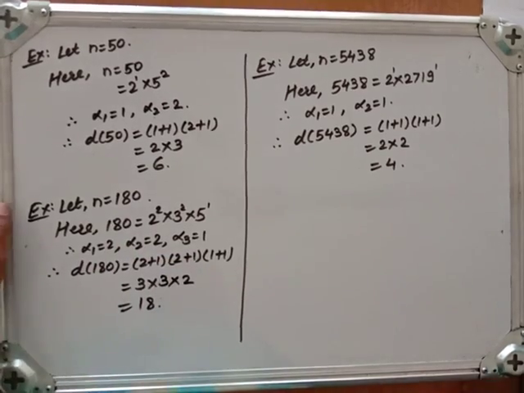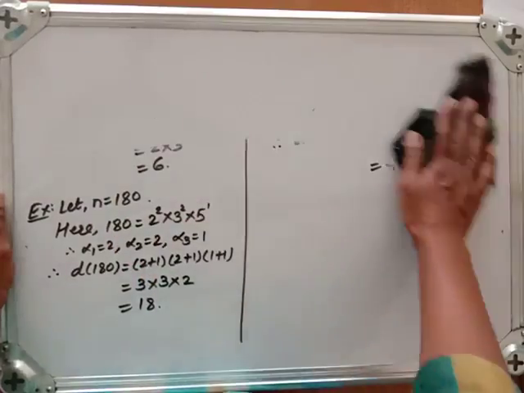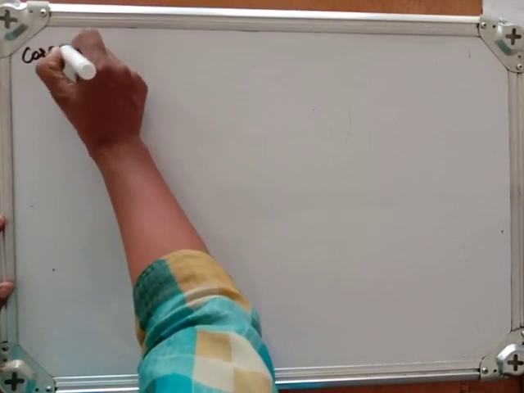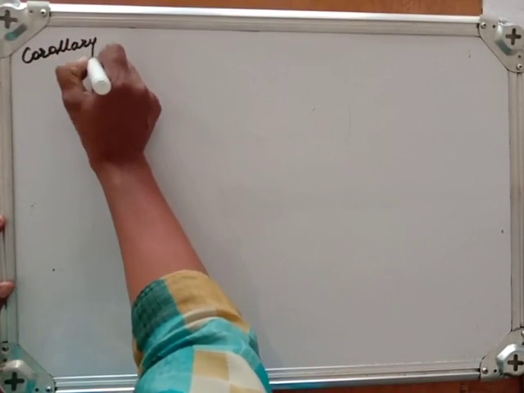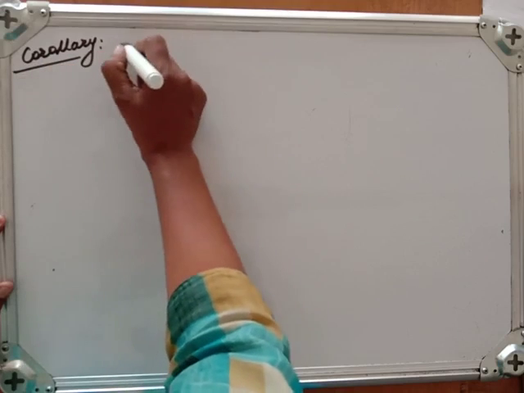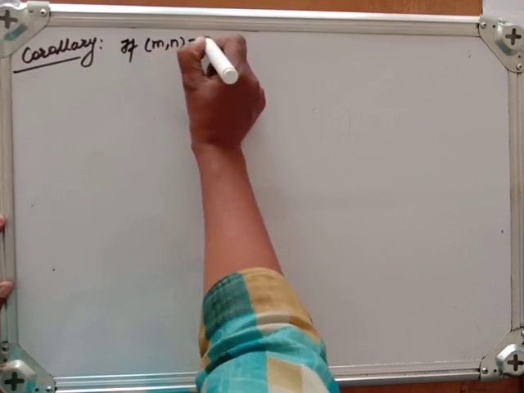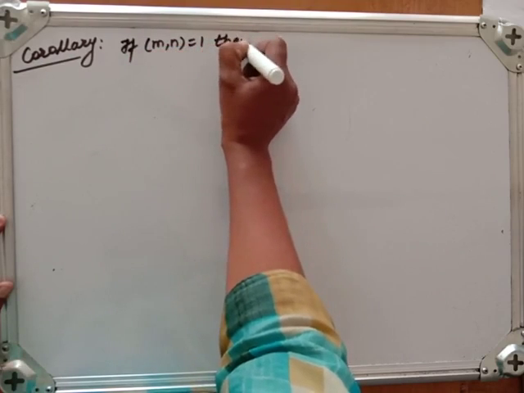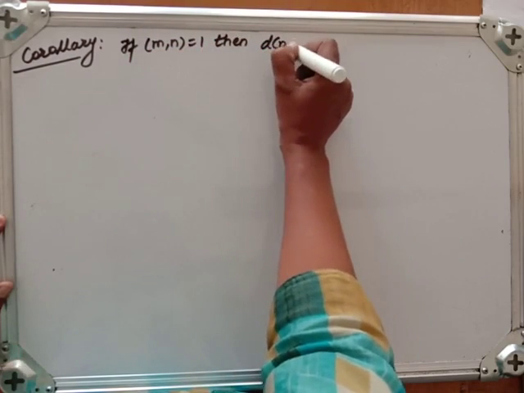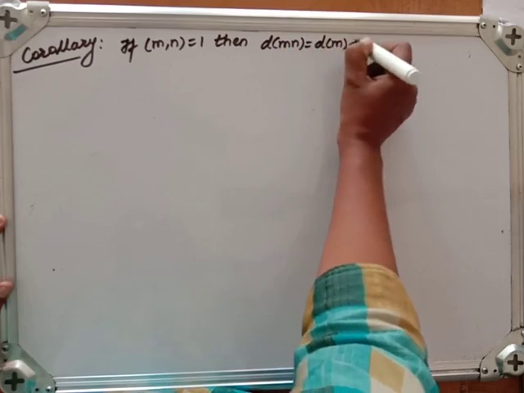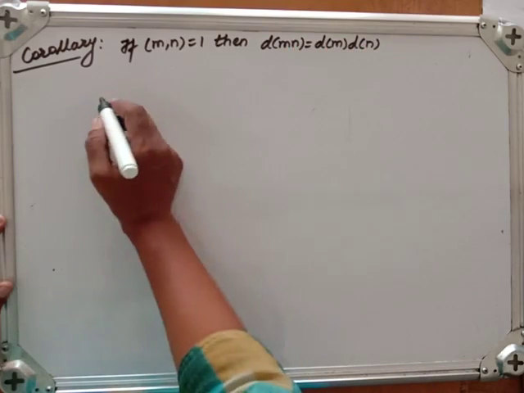Now let's take one corollary on that theorem. Corollary: if m and n are relatively prime, then d of mn equal to d of m into d of n.